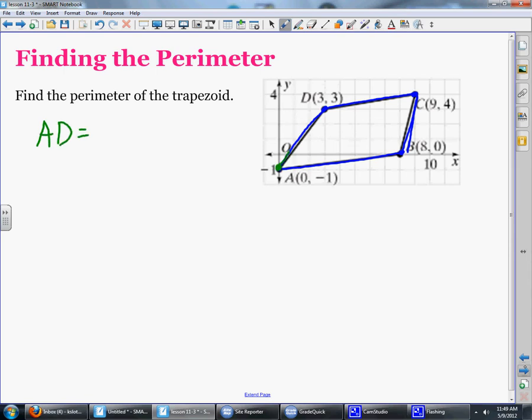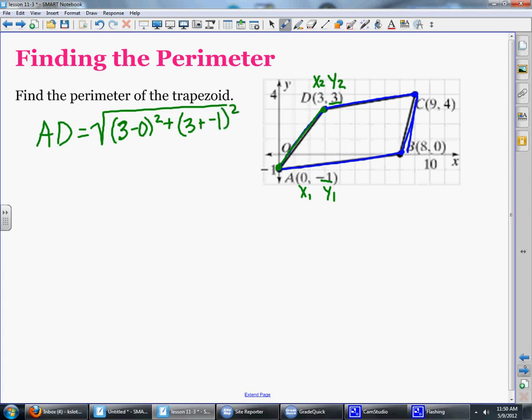So we're going to find the distance of this line right here. So I'm going to label this x1, y1, and I'm going to label this x2, y2, and I will subtract them. So it's going to be 3 minus 0 squared plus 3 minus negative 1 squared.